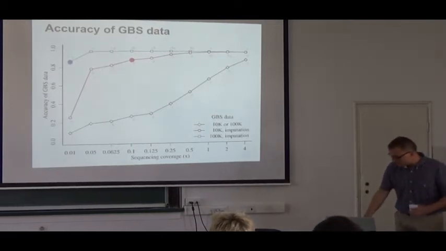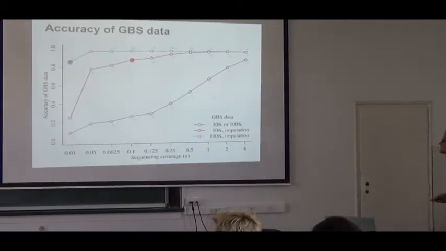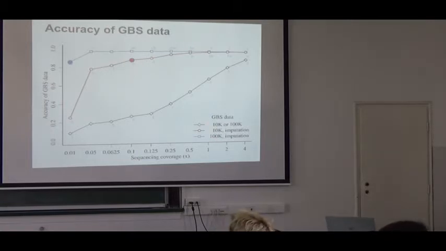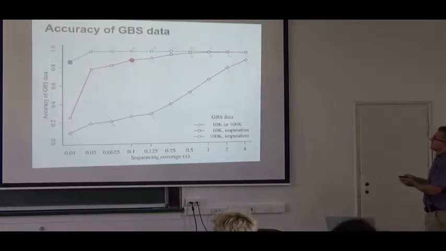That's true. Okay, now if I do imputation, and we did it with AlphaImpute, with the HMM option, within every family, what you see is that we pretty much lift this up to at least 0.8 or even more, depending on the number of markers. The pink line is with the 10,000 markers, the blue line is with the 100,000 markers.